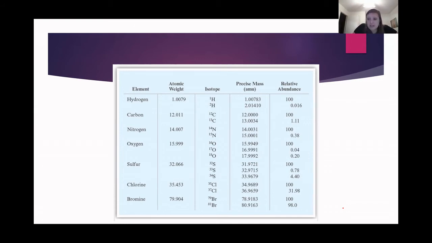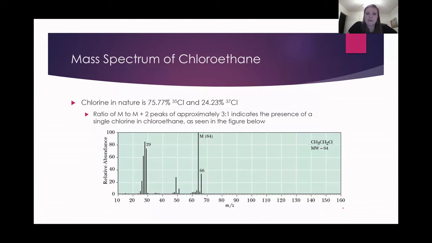So let's go ahead and look at some examples of mass spectra. This is chloroethane, and chlorine is 75% 35Cl and 24% 37Cl, which means we will have an M+2 peak here. You can actually use the isotope abundance to calculate how many chlorines are present in this molecule.